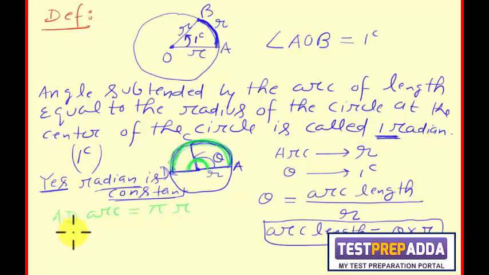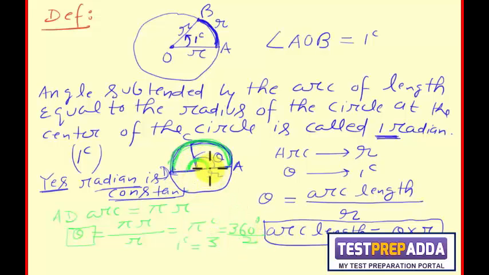So what will be theta? Theta will be pi r upon r, and it will become pi radian.